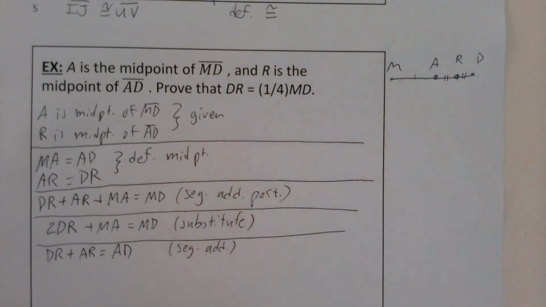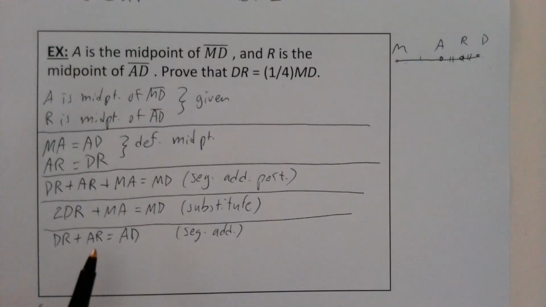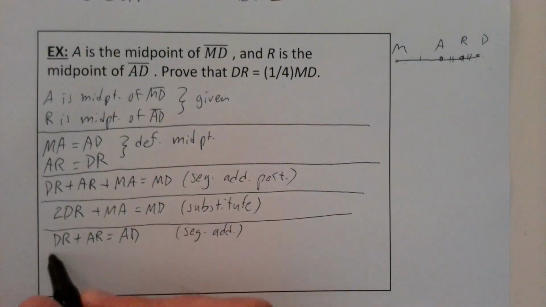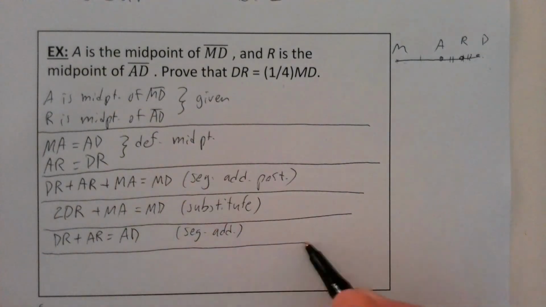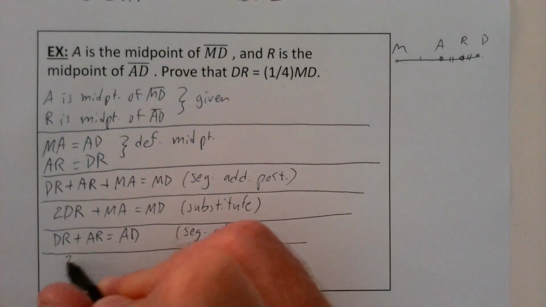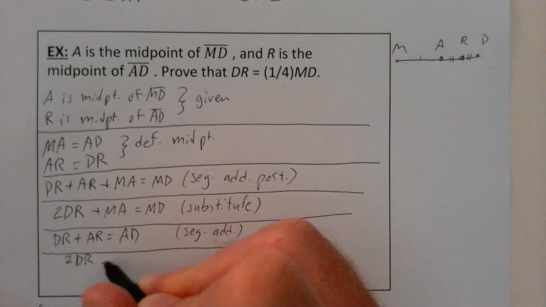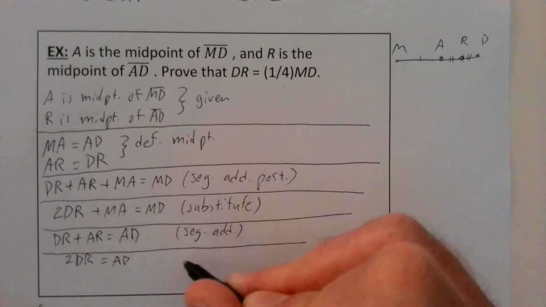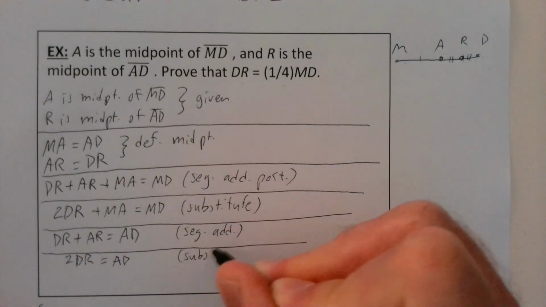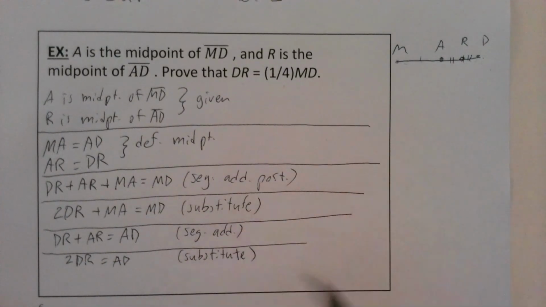And really what I need to get at is I almost have it, because if I had a 4DR and if that was gone, I could just use the division property and I'd be done. I don't quite have it, but I'm close. So DR plus AR is AD by segment addition. In other words, 2DR equals AD by substitution, because we know that AR and DR are equal.